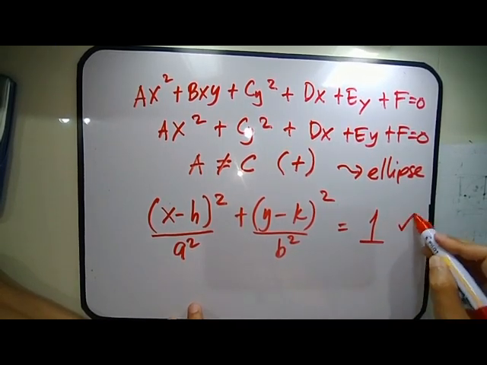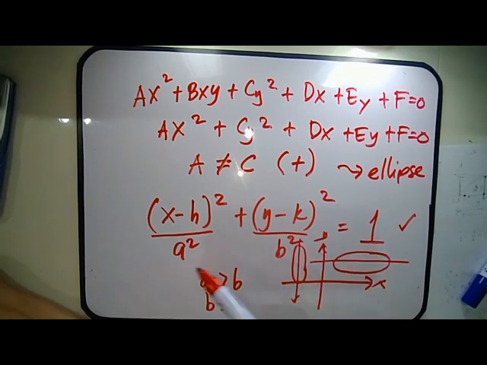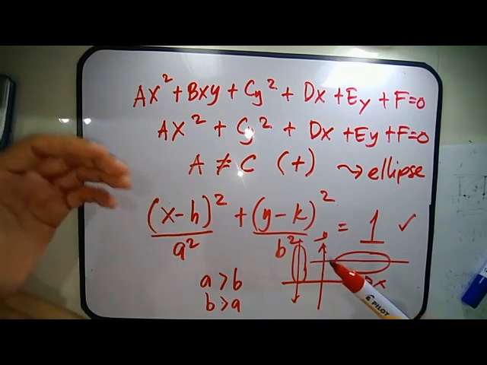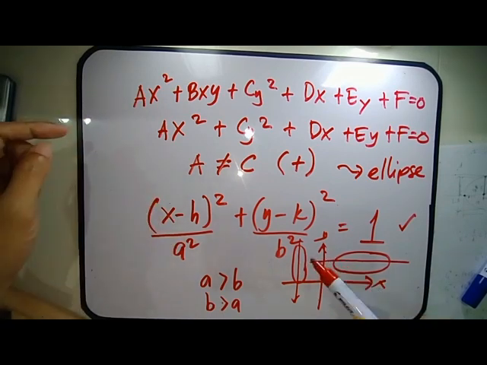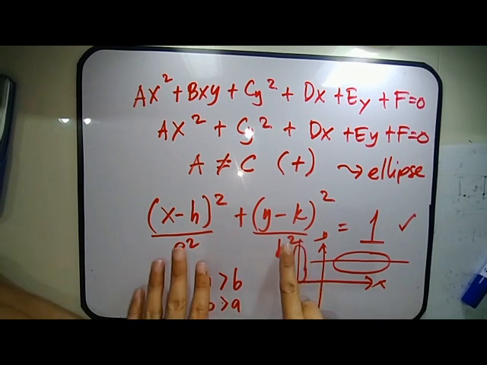We will remember this, guys. The A and B here are the lengths of the semi-major and semi-minor axis respectively. If A is greater than B, we look at which denominator is higher. If it is under X, horizontal. If under Y, vertical. It doesn't mean that this is what is in the figure. It's just a value.